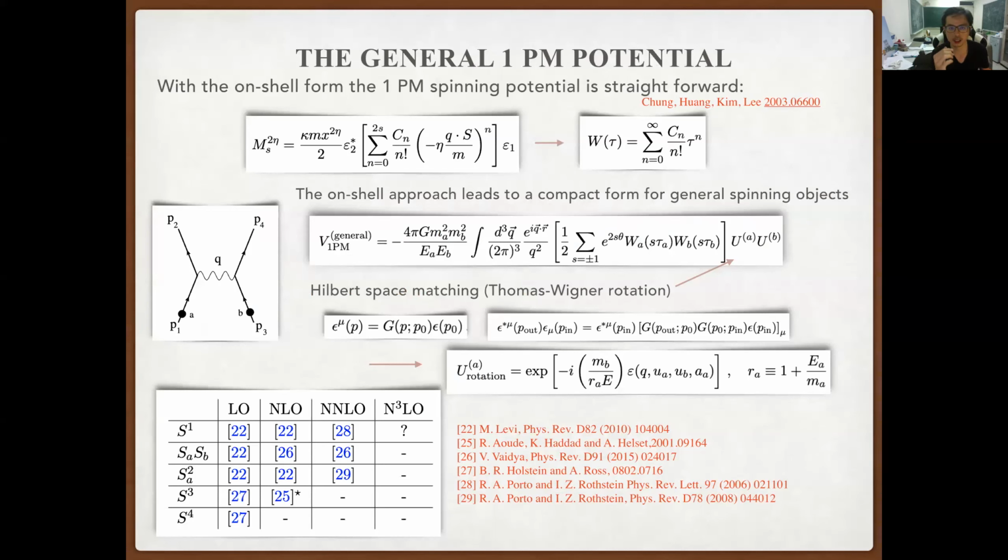And actually, the story becomes much more interesting when you consider physical observables, or a scattering process. Equipped with this on-shell way of parameterizing the worldline action, we can write down the general 3-point amplitude for arbitrary Wilson coefficients. For example, the 1PM potential will just correspond to the exchange of a single graviton line. Since we're looking at the long-range effect, we take the exchange momentum q squared to be 0.